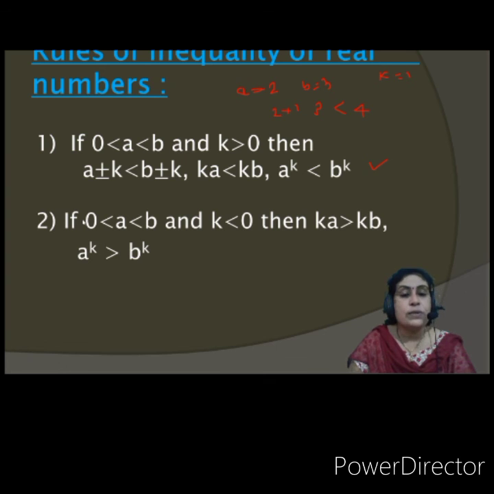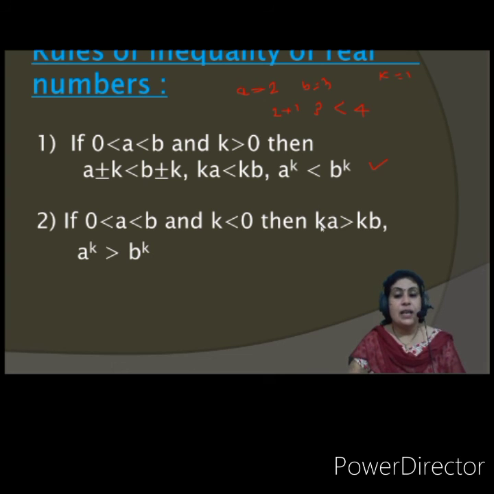Next one. If a is greater than 0 but less than b and k is less than 0, a negative number, understand? K into a will be greater than k into b. Suppose I take k as minus 1, a as 2, b as 3.